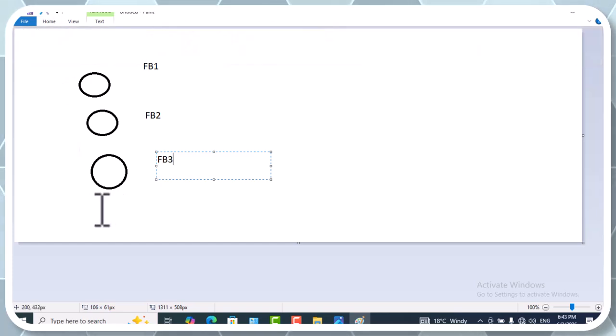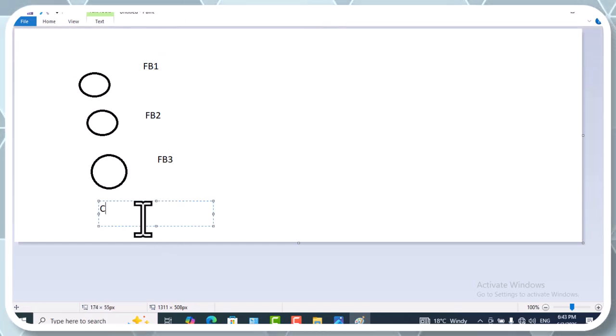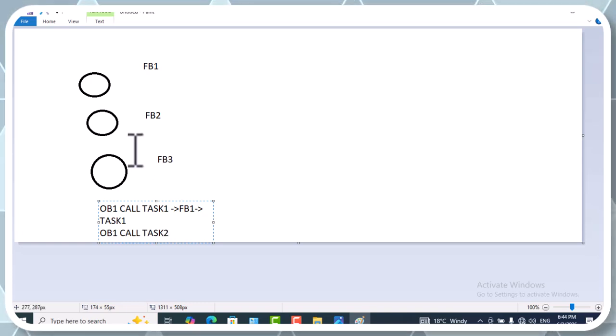Firstly, the operating system calls OB1, then OB1 calls task number 1, and then task number 1 calls FB1. After FB1 is completely executed, FB1 returns to task 1, and then OB1 calls task 2, and again task 2 calls FB2, and FB2 returns to task 2.